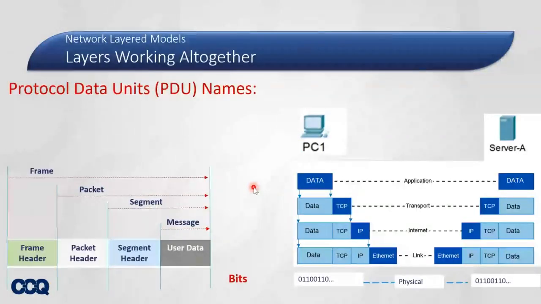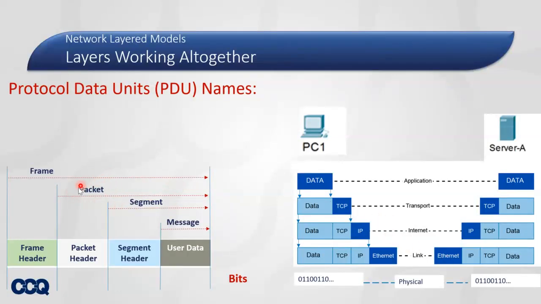Here is an interesting slide. What is the name of the protocol data unit, the PDUs, in each layer? In the application layer, we call it data, user data. User data, it is a message, okay? In the transport layer, we call it segment. We segment the data. In the internet layer, we call it packet.